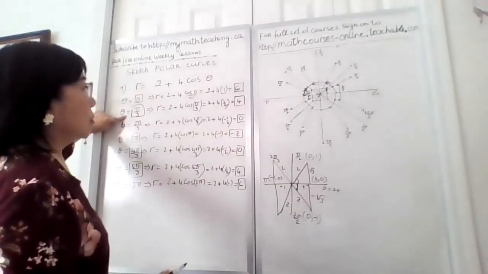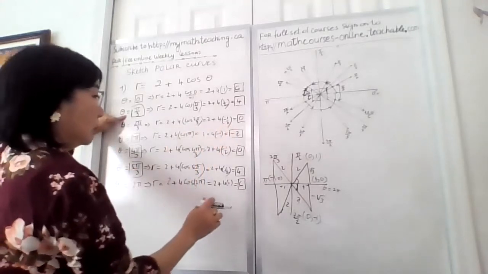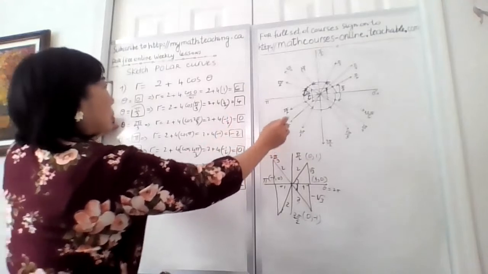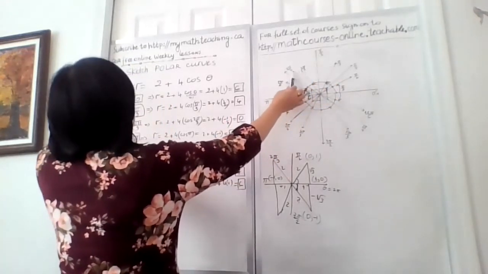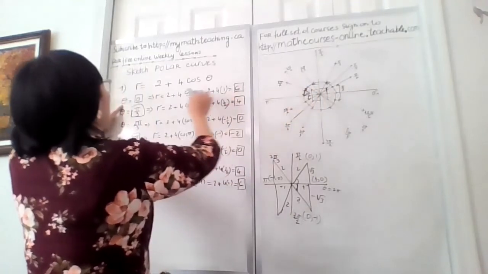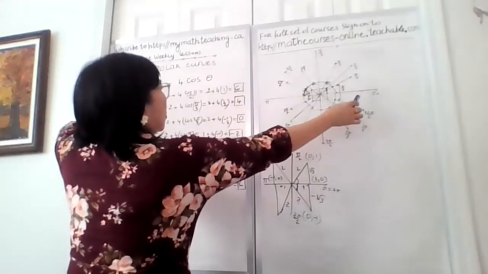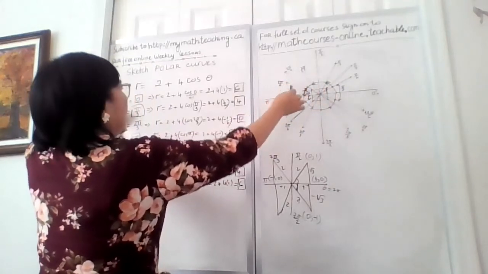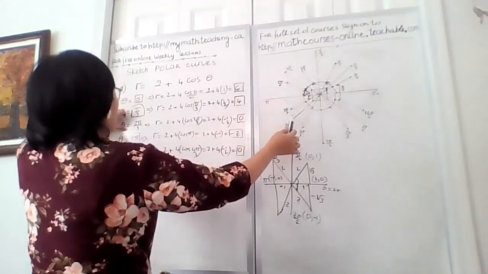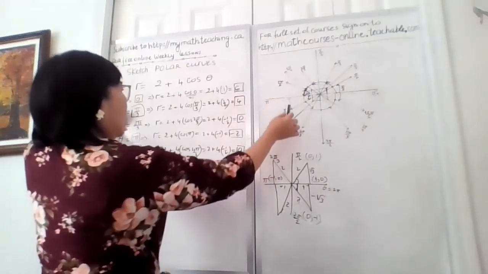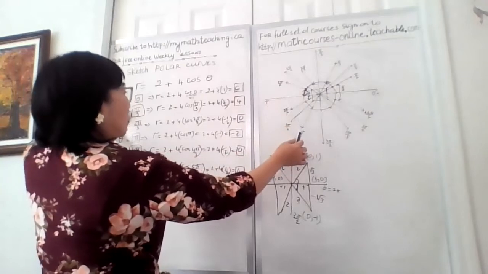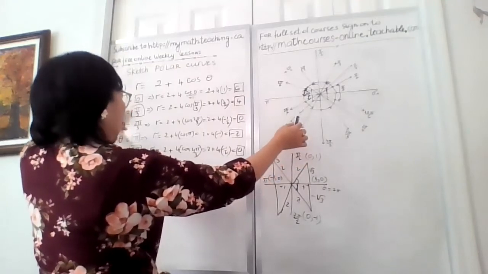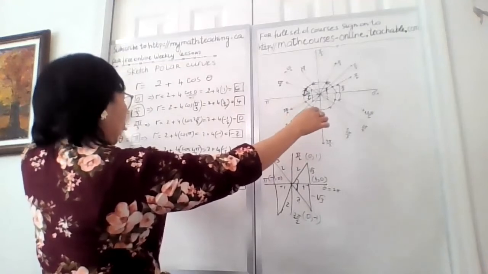So let's say minus 4. Theta equals 0. Okay, so if we have pi over 3, then theta starts from 0, then goes to pi over 3, then 2 pi over 3, then goes down to pi, and then goes to 4 pi over 3, where we have 0, and then goes to 5 pi over 3, where we have 4, then 6.